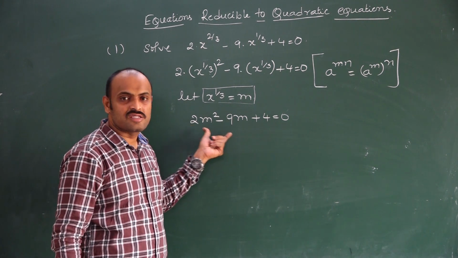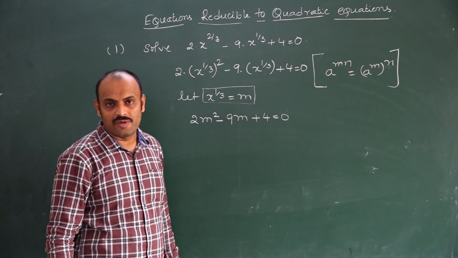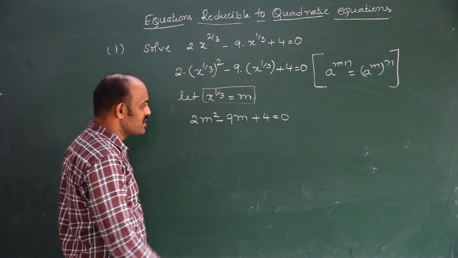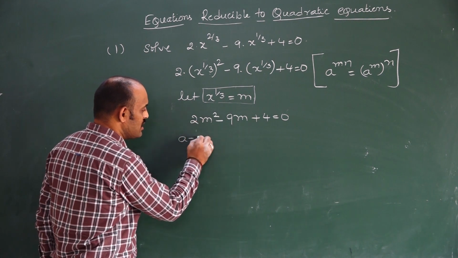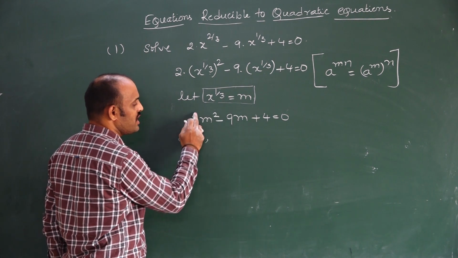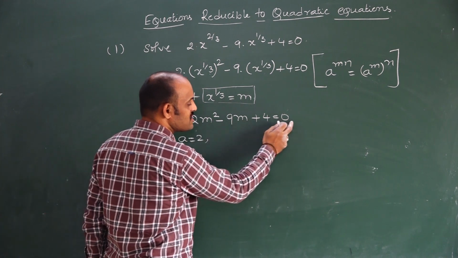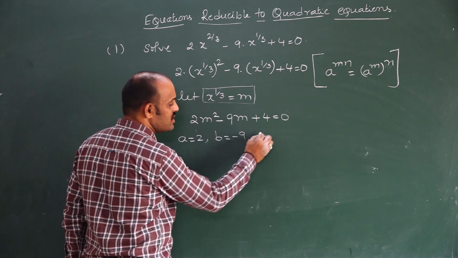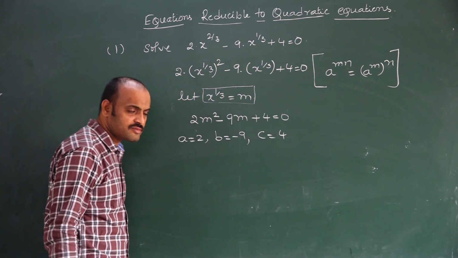So it is in the standard form of the quadratic equation, isn't it? It is in the form of a m square plus b m plus c is equal to 0. So a value is 2, b value is minus 9 and c value is 4.